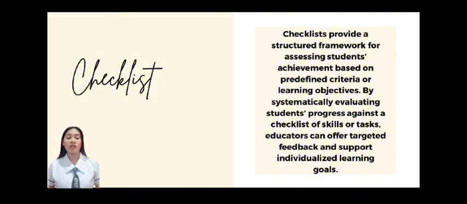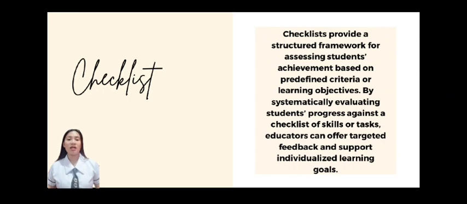Now, let's talk about checklists. Checklists provide a structured framework for assessing students' achievement based on predefined criteria or learning objectives, by systematically evaluating students' progress against a checklist of skills or tasks.